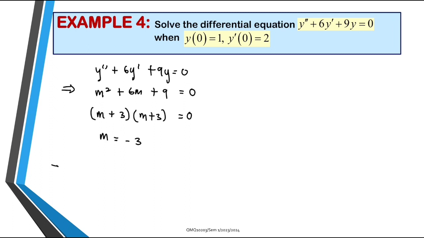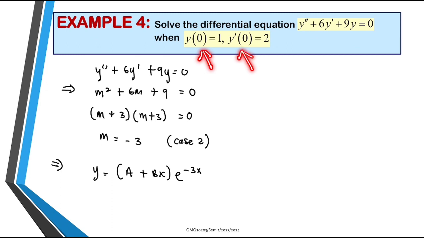The solution for this equation, because this is case 2, real and equal roots, will be y equal to (a plus bx) e^(-3x). And then don't forget, we are given the initial conditions, so we are going to substitute them into this equation. First, we have y(0) equal to 1.